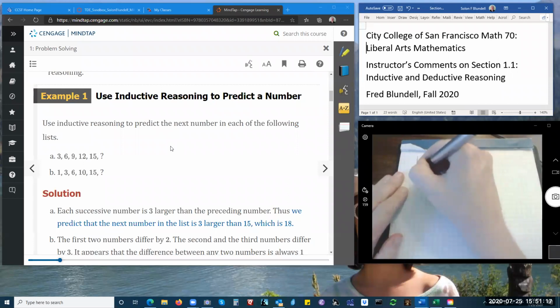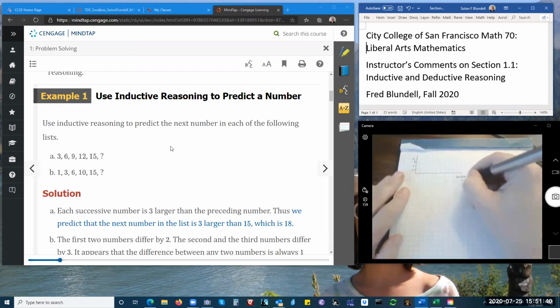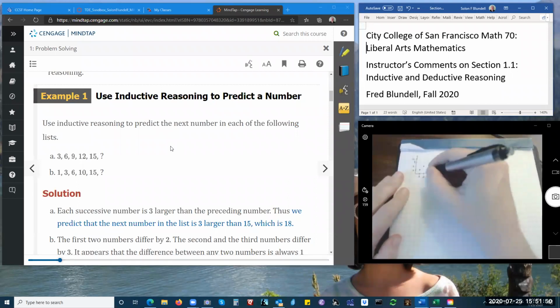Like if I made a graph to illustrate this, what I'm going to do is put across the x-axis here the position number in the list. Okay, so at position 1 in the list, the number was 3, and then at position 2, the number was 6, and at position 3, the number was 9.